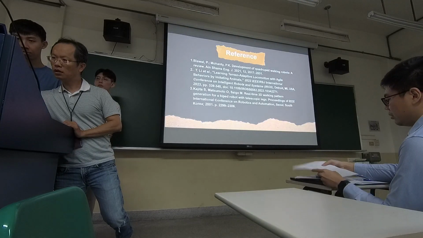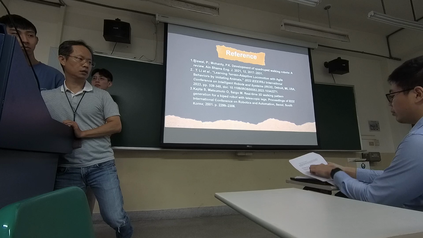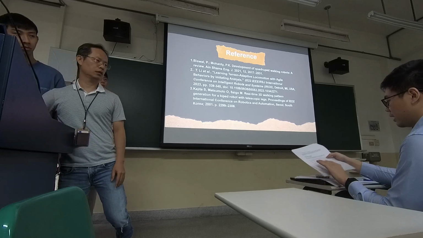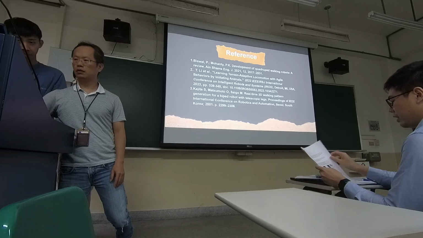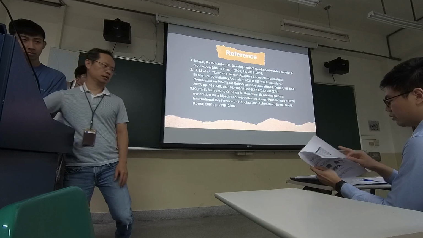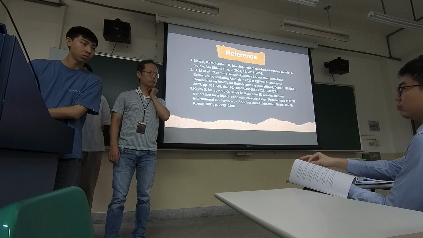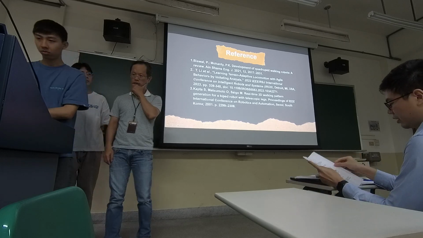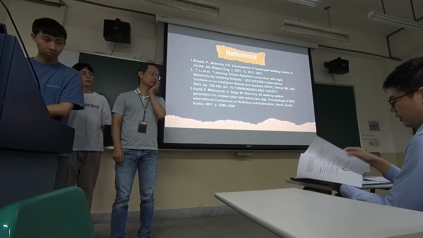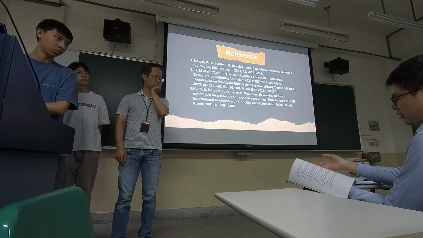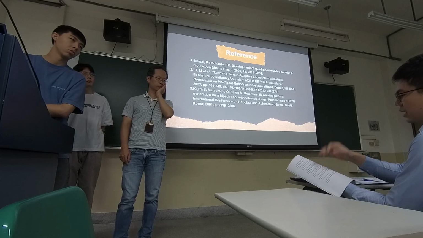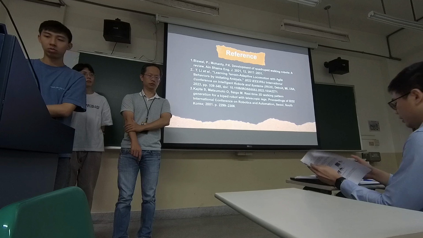I think you need to cite clearly in your report, because your report didn't cite the reference. Your report mentions 6 references, but only 2 citations appear in the content. So if you have a reference, you need to cite it in your content.